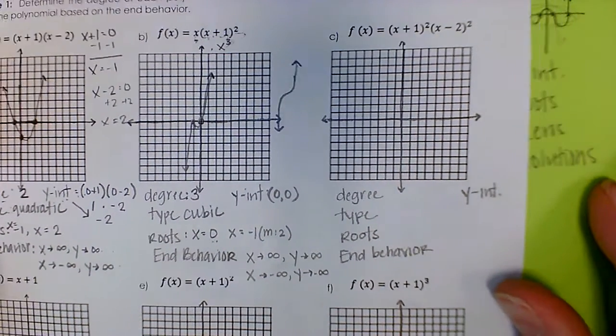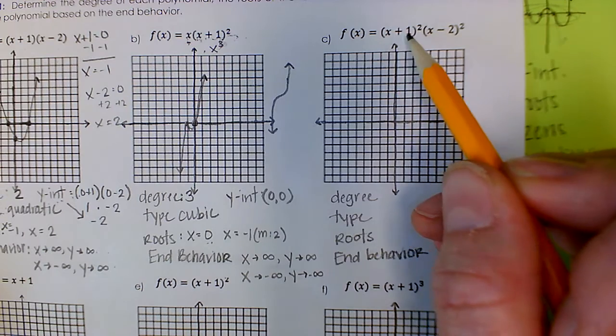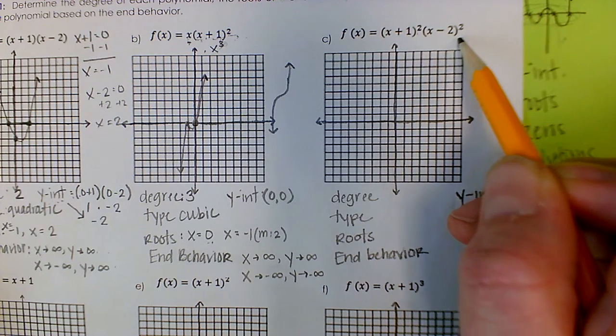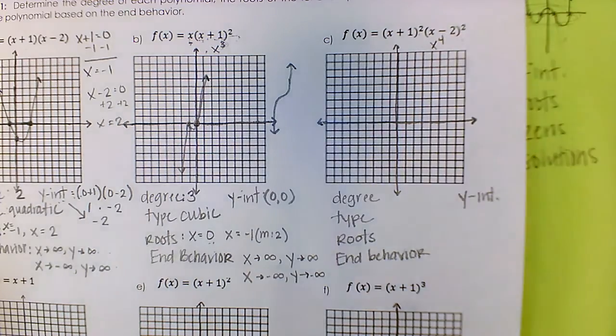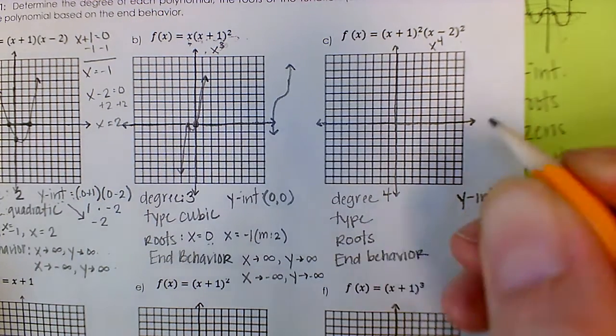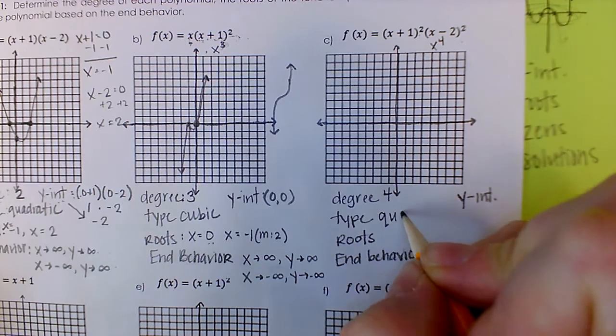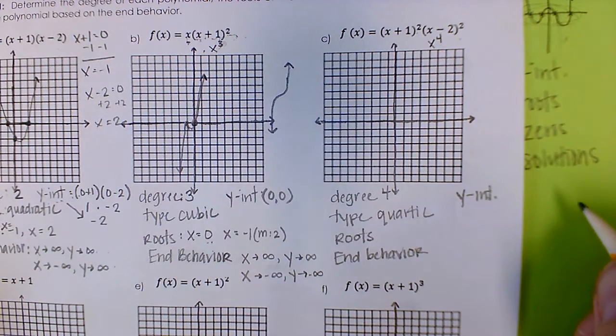I'm going to scoot over because it's a little blurry in that corner. All right, so first of all, this means there's 4. Squared and squared gives us the 4th. So x to the 4th is our degree. So our degree is 4. Our type is quartic, because that's a 4th degree polynomial.